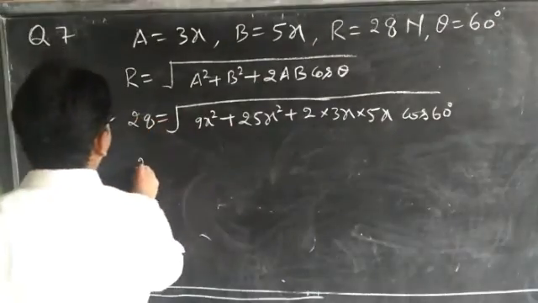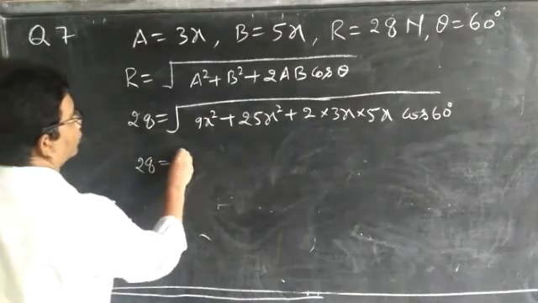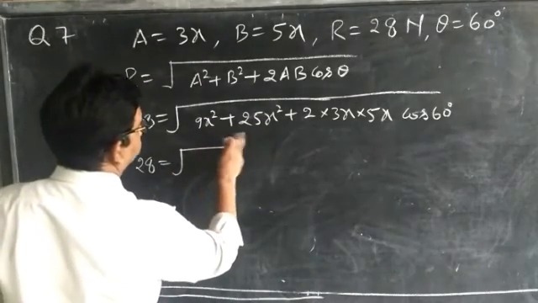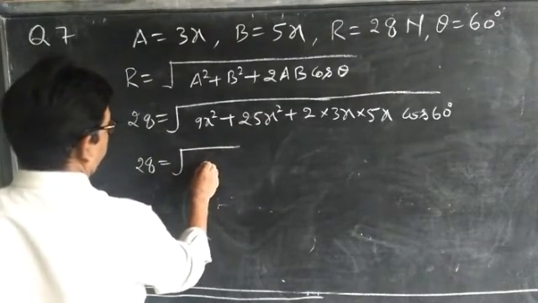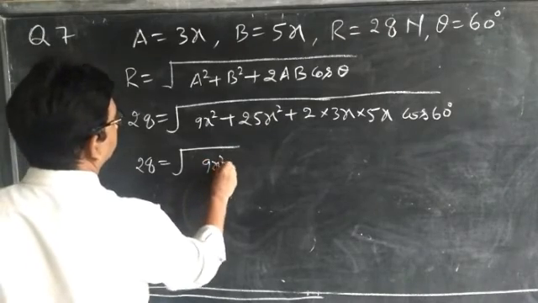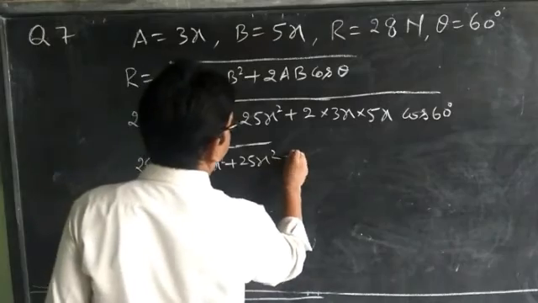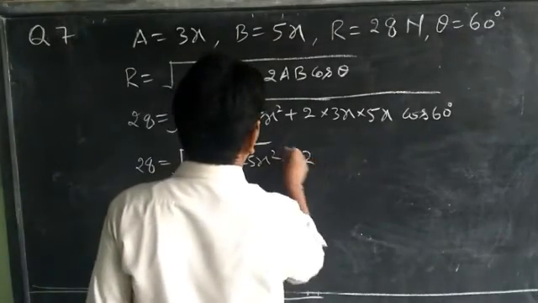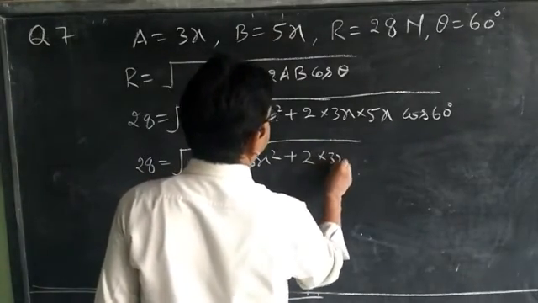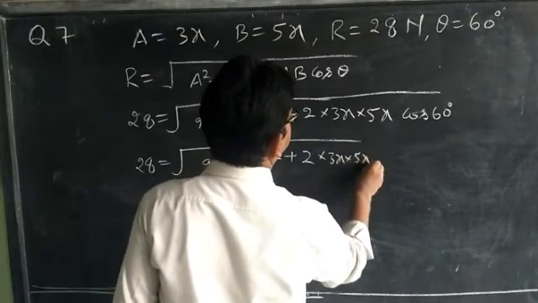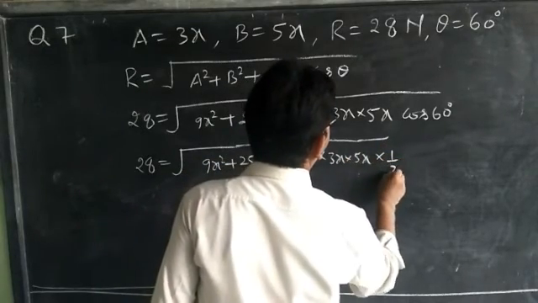That is, 28 is equal to under root 9x square plus 25x square plus 2 into 3x into 5x into 1 by 2.